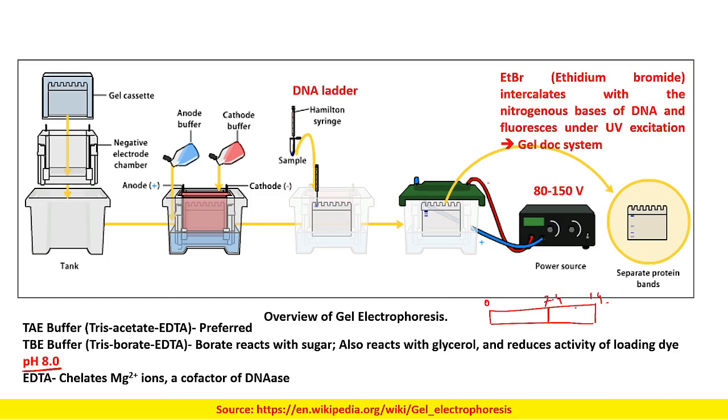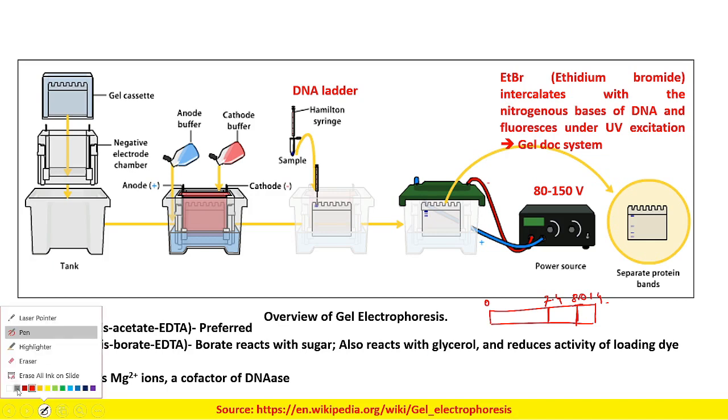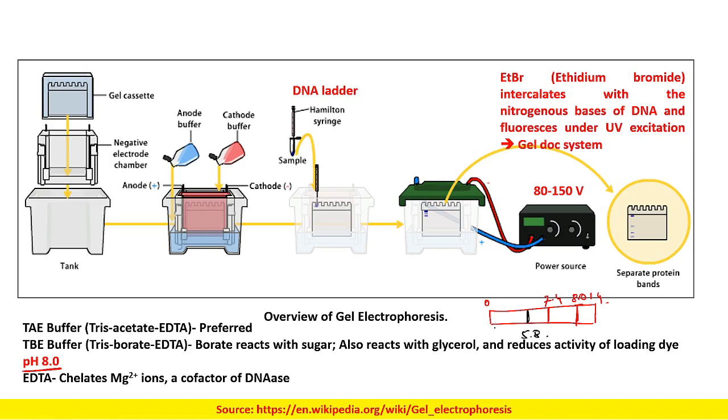Now if we use a pH of 8.0 over here, and suppose you are having a protein or amino acids or whatever, say 5.8, then what will happen? In this region it is positively charged, and above this region it is negatively charged. What did I say?